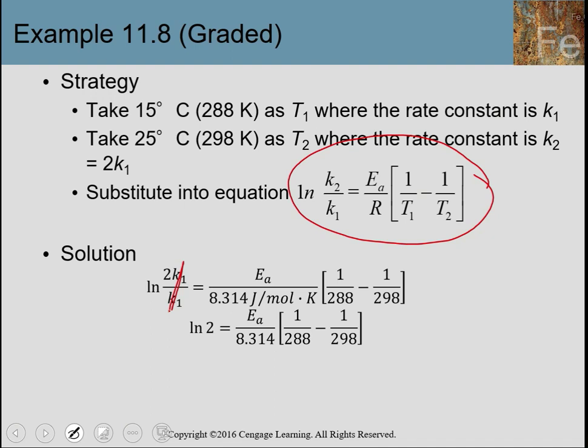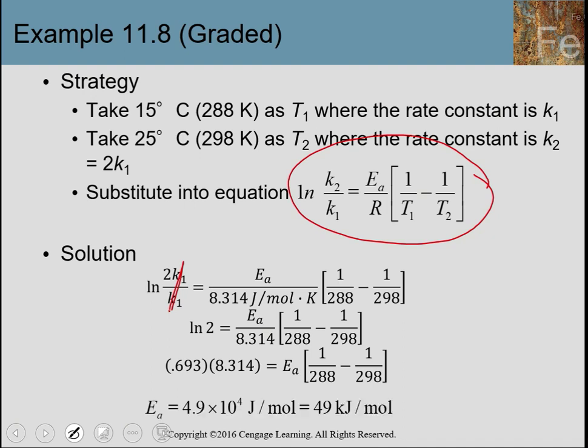Take the natural log of 2, multiply it times 8.314, and then divide both sides by whatever 1 over 288 minus 1 over 298 is, and we get that Ea, the activation energy of this reaction, is 4.9 times 10 to the fourth joules per mole. So we have calculated the Ea based on 2 Ks and 2 temperatures.